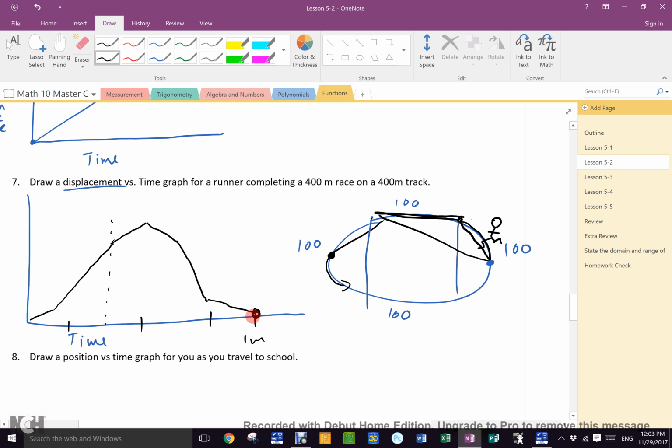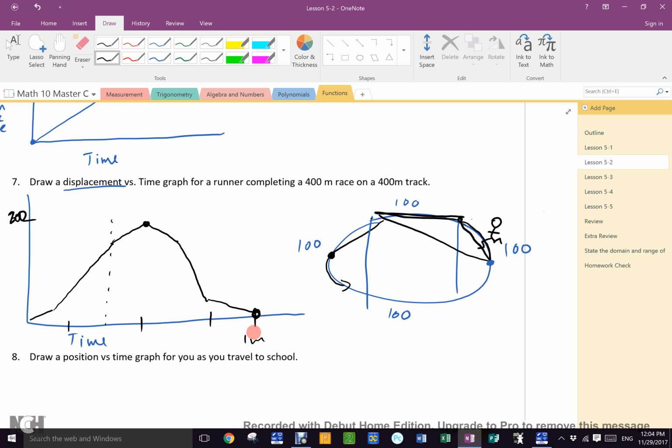Whereas on distance, we wouldn't. Now, what distance is that peak at? 200. Because we went 200 there and 200 home. Does everybody understand the difference between displacement and distance? Yeah? Going once? Twice? Thrice.